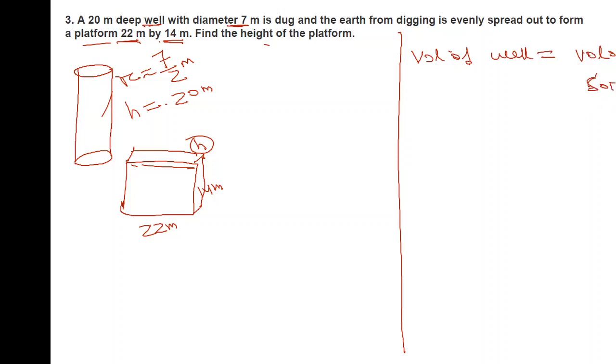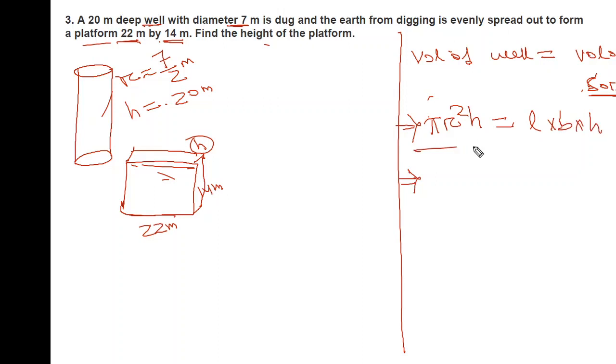This implies the volume of this well, which is a cylinder, is pi r square h, and that is equal to the volume of the soil. So what will be the volume of the soil? You know that this is in the shape of a cuboid.